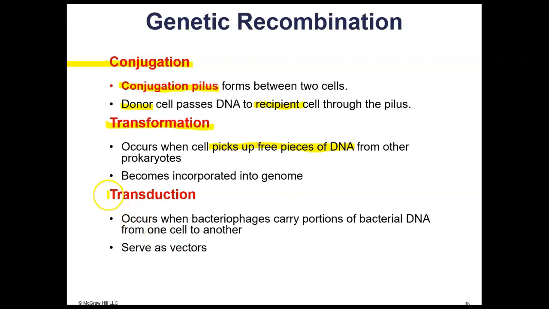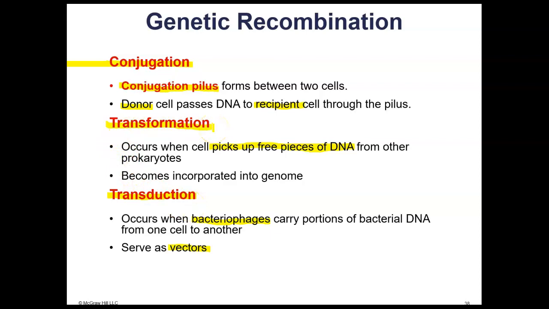And transduction is when DNA is transmitted into a bacterial cell from a bacteriophage, which is a virus that infects bacteria. So the bacteriophage or virus serves as a vector. So transduction is when bacterial DNA is exchanged using a virus as a vector.